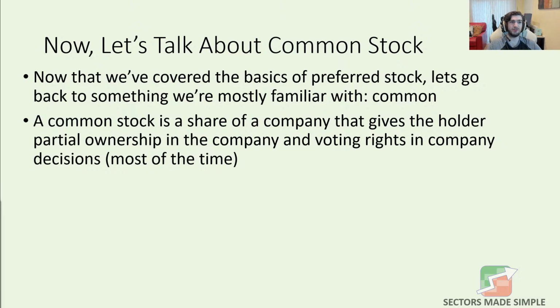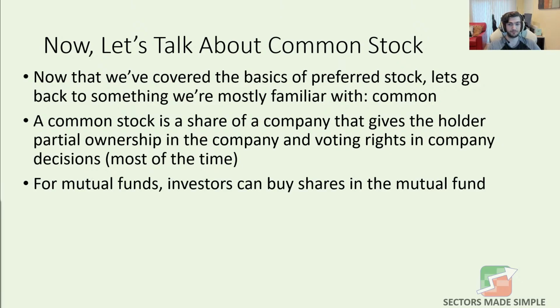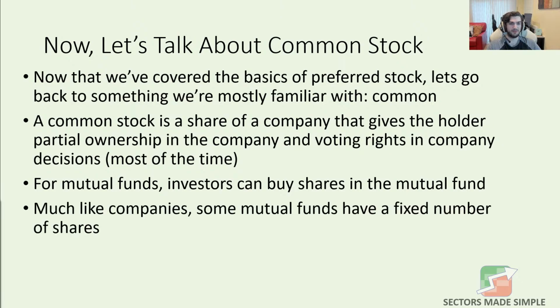But we also can talk about common stock for a mutual fund. And much like companies, some mutual funds will have what's called a fixed number of shares. They say, we have smashed ourselves into 1 million pieces. There's only 1 million pieces of us to go around.